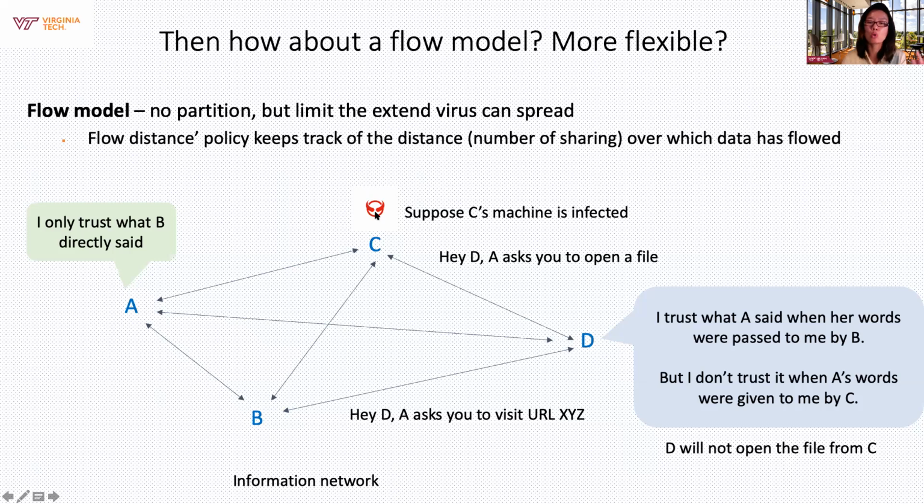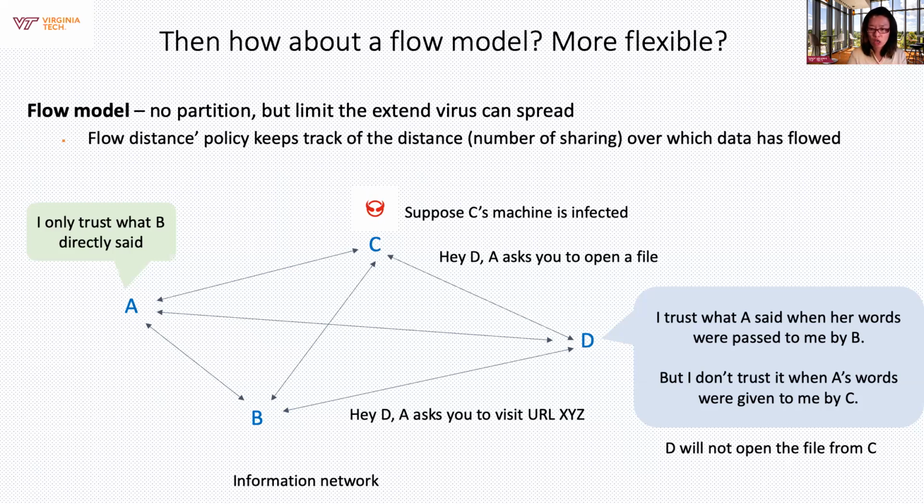And so suppose one day C's machine gets infected. If you have a flow model like this, then you don't have to worry because D will not trust C, right? So D may receive some virus propagation file from C, and then D will just drop it, will delete it.